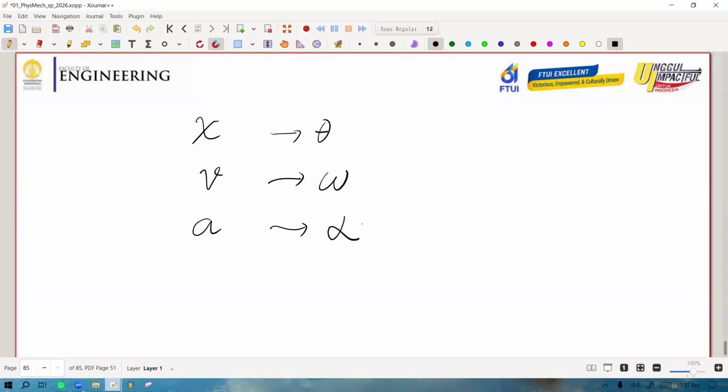But time is also the same. Okay, so here is for linear motion, but here is for rotational motion.